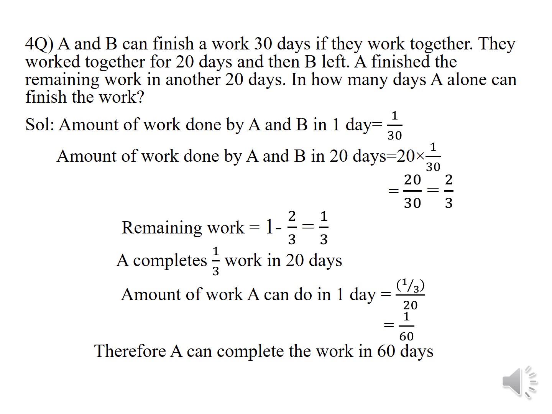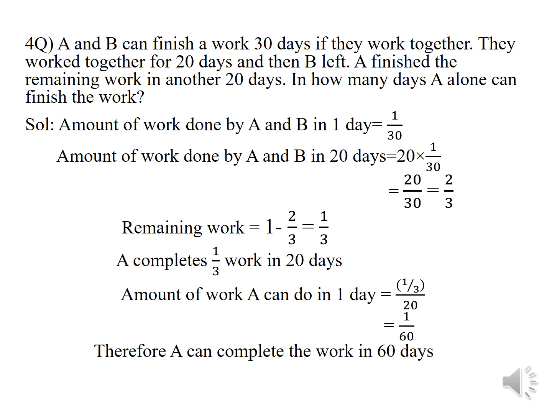So how to solve this means, first calculate the fraction of work done by A and B together, then find the remaining work and calculate how long A takes to complete the whole work. First write down: A and B complete the work in 30 days, given in the question, right?